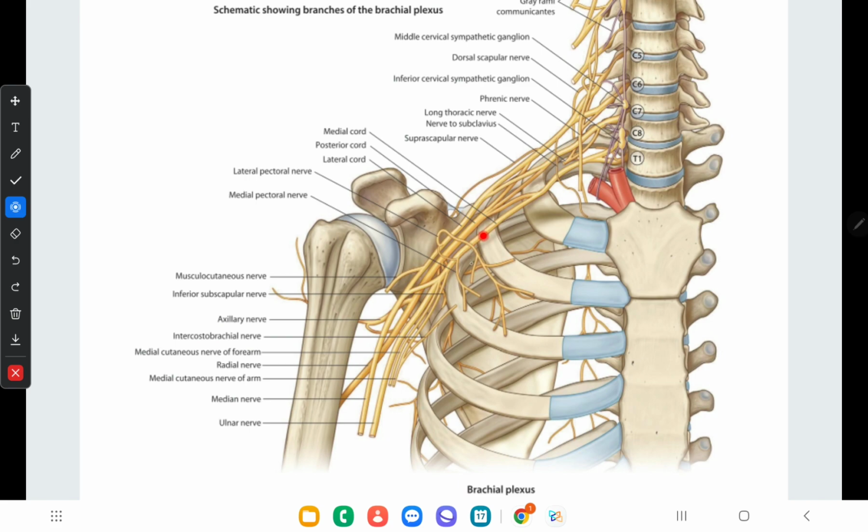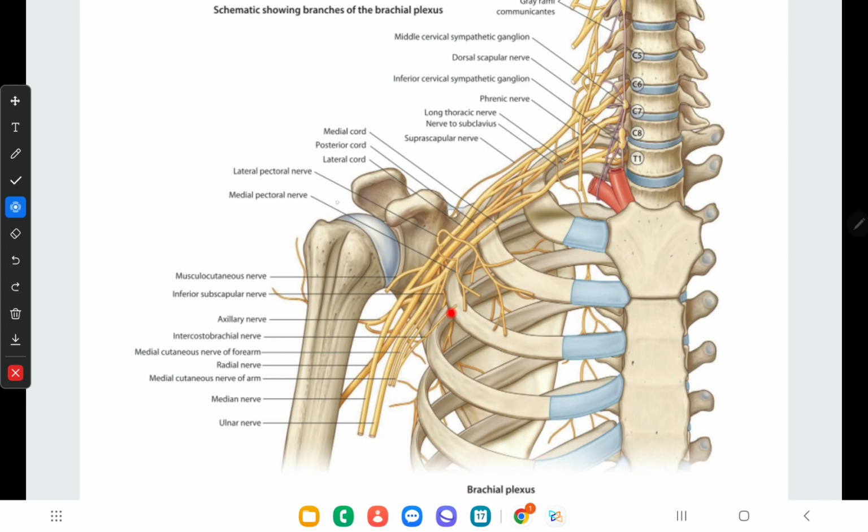From the medial cord, you have a medial pectoral nerve here, then the medial cutaneous nerve of the arm and forearm. This is the medial cutaneous nerve of the forearm, and this is the medial cutaneous nerve of the arm. You can see the medial cutaneous nerve of the arm has united with the intercostobrachial nerve, which is the lateral cutaneous branch of the T2 intercostal nerve.